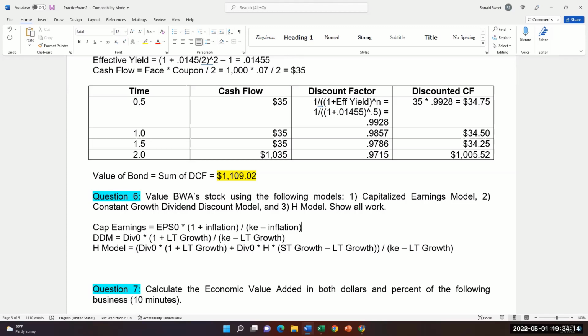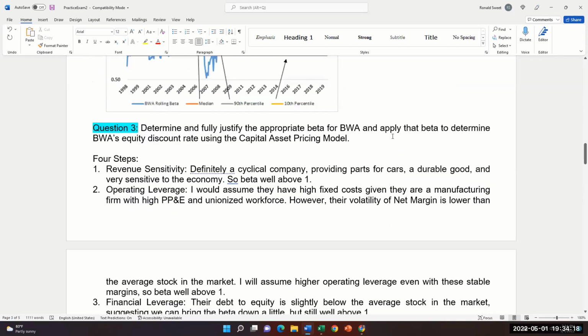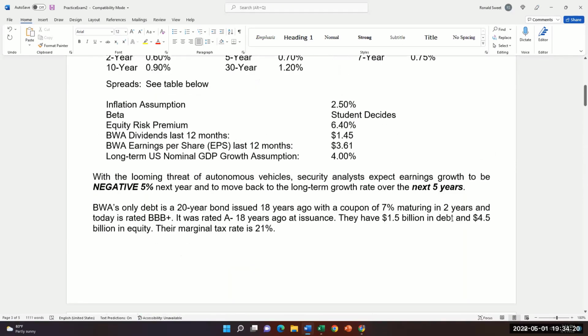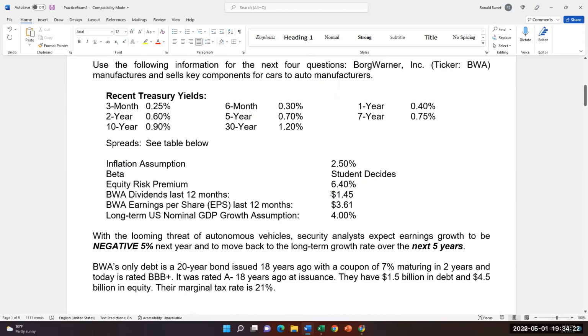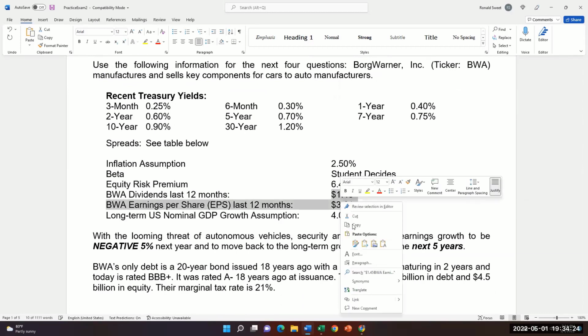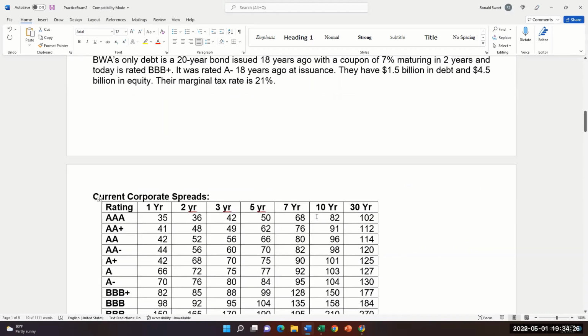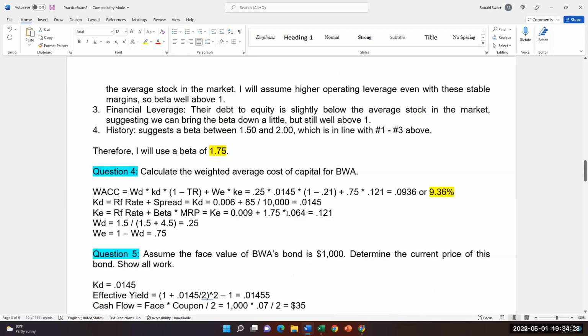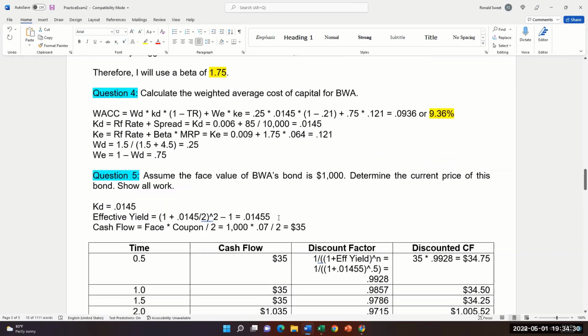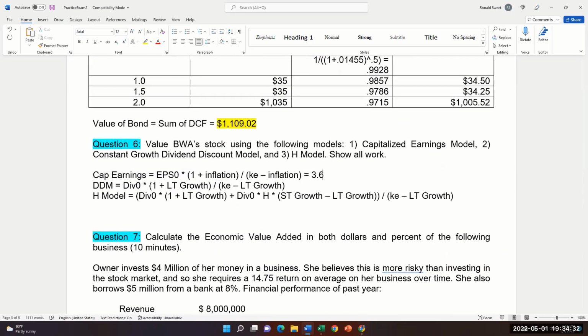So again, it's just a matter of plugging numbers in. Earnings per share and inflation, we can get that. Earnings per share 3.61. And our long-term growth is 4%.